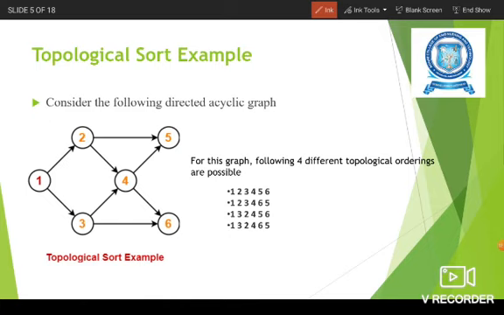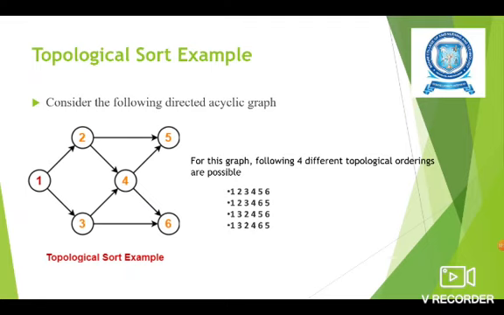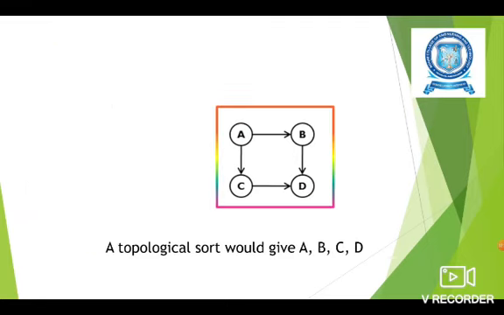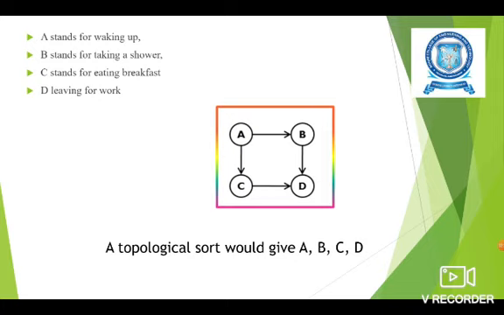Similarly, for course 5, I have to finish 1, 2, 4, and 3. So like that, based on the constraints, we are formulating different topological orderings. We will see another example.